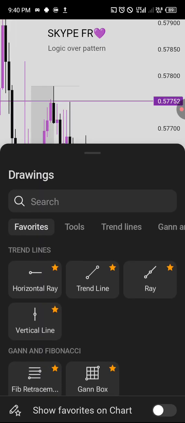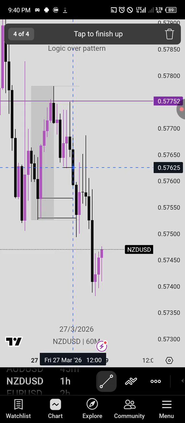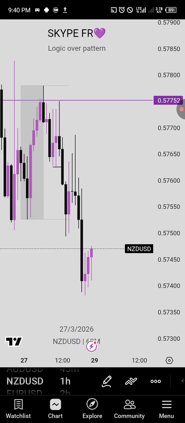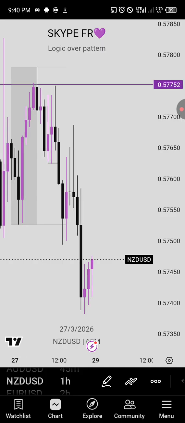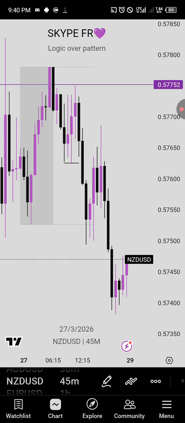And also we have a full breakout structure or market structure shift, this. So we have that, but we can't get any clear entry from here. Let's see.